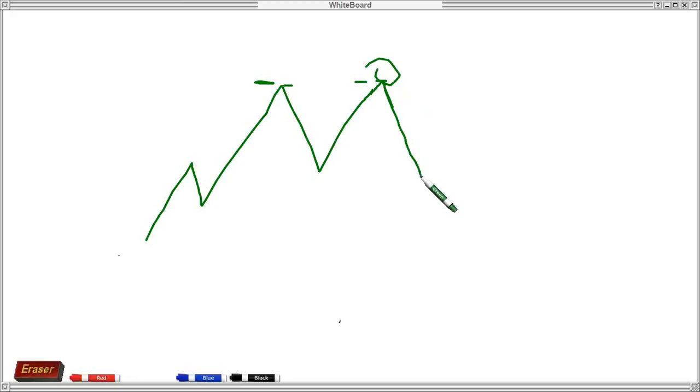They may come down, and then even better is if it does a triple top and you get a candlestick reversal pattern. But these are the only types of reversals against the trend that I like to trade.